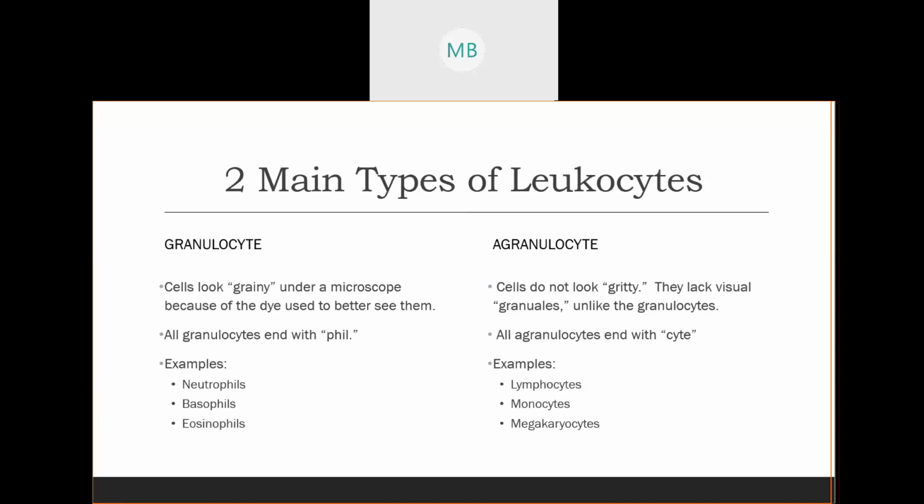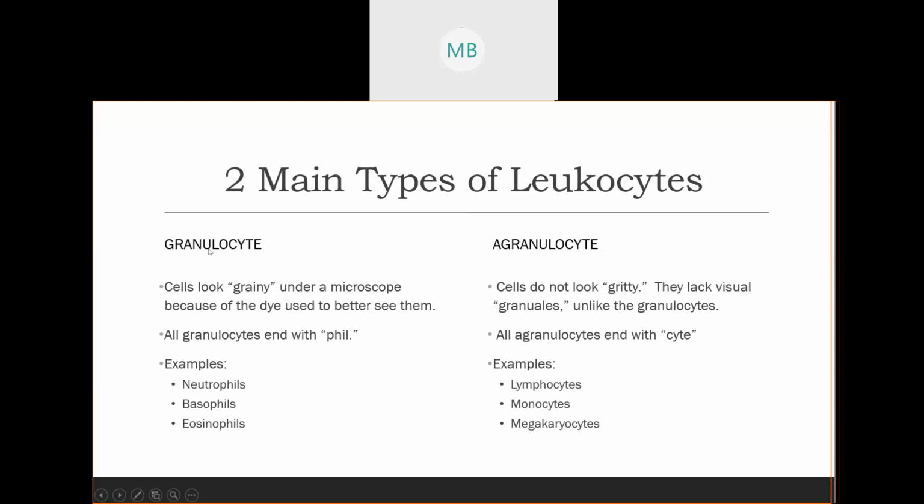So atheist means someone who does not have a belief in God, which is theist. A theist is someone who believes in a God. An atheist does not believe in a God. So if a granulocyte looks like it has grains or is granular, an agranulocyte does not look grainy, right? This is the basic difference between the two groups.